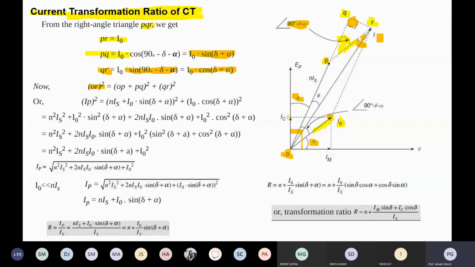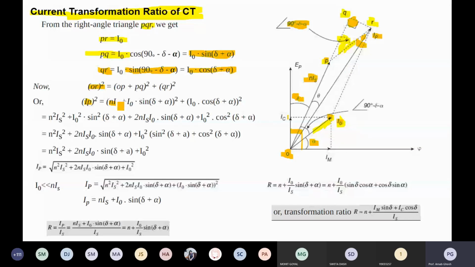OR is the total value of IP. If you add both of them, NIS plus I0, directly it is coming IP. So IP square equals: OP is your NIS and PQ is your I0 sine delta plus alpha, whole square, plus I0 cos delta plus alpha whole square.